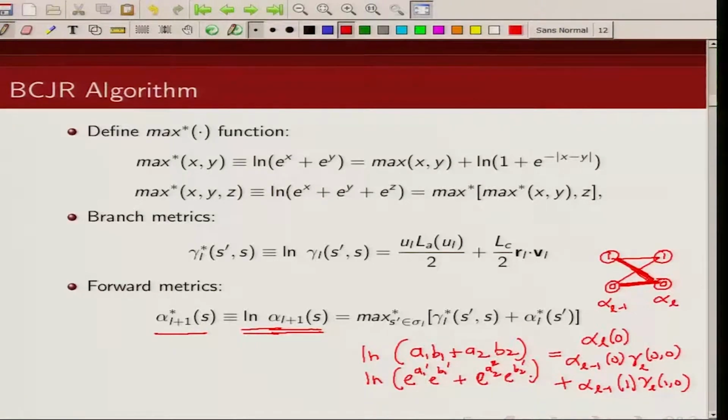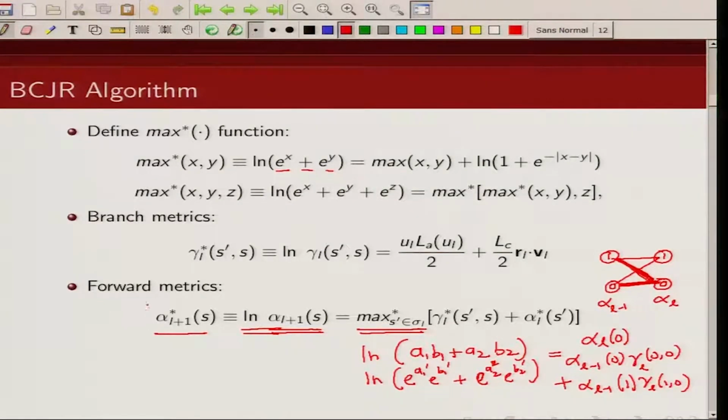When we take the log of these summation terms, we get the max star operator, and the product terms, when we take the log, become summation.